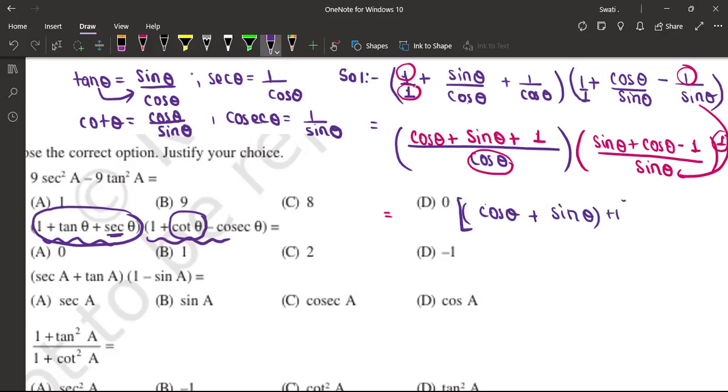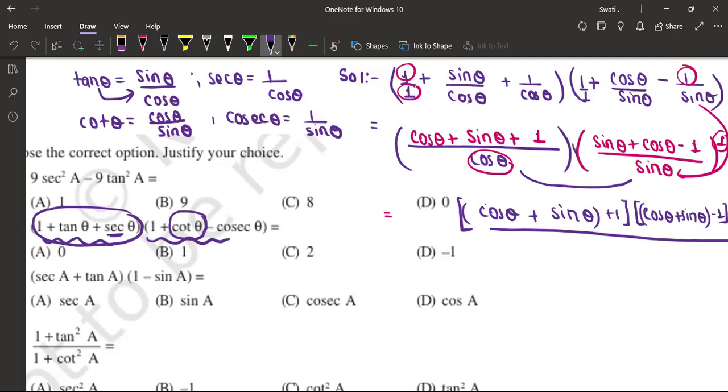And then I am writing another part, which is this sin theta plus cos theta, but I'm just writing that as cos theta plus sin theta. And then minus 1 as it is.